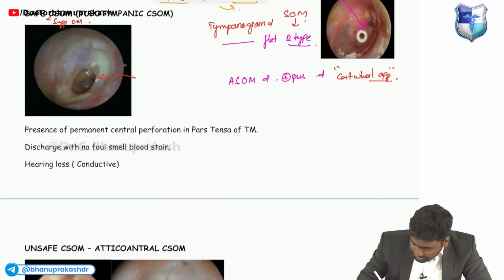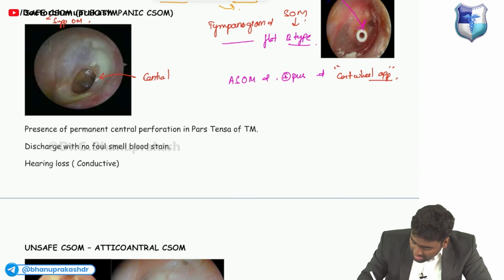If you see this type of central perforation, we'll call it the tubotympanic type of chronic suppurative otitis media.